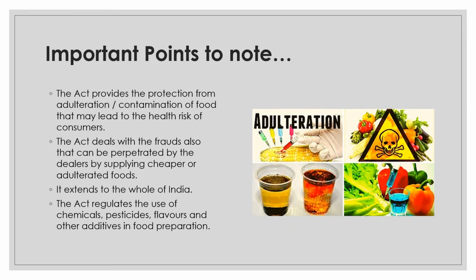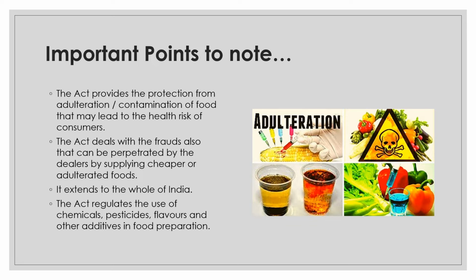But there should be a limit to everything. Otherwise, it affects the physical and mental health of the consumers. Excessive use of preservatives and chemicals can harm the health of the society. It can cause serious health hazards.